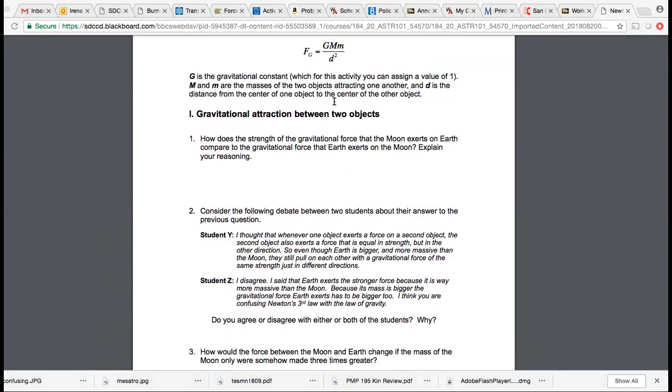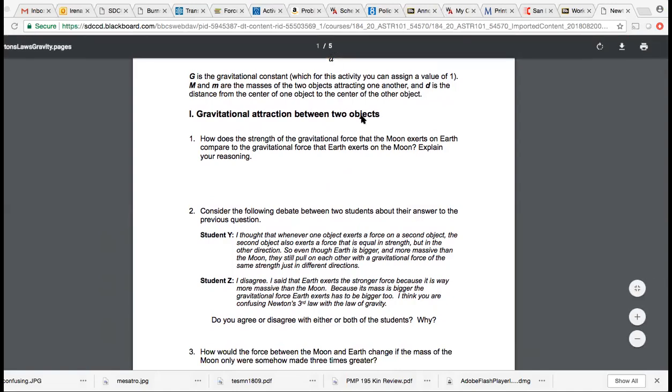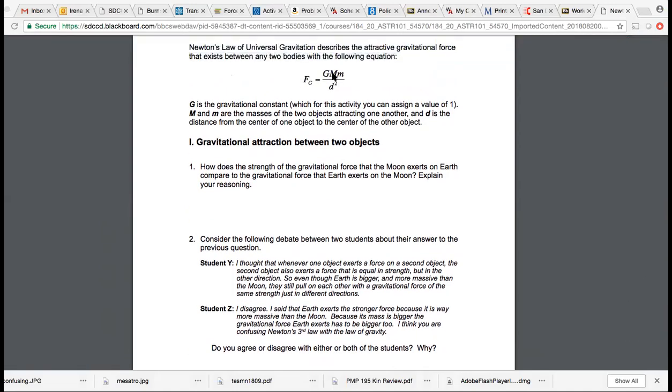Okay, so the moon would have a greater gravitational pull. Not the moon, but the force of gravity between the moon and the earth. What would happen to that? It would increase, correct. How many times? 3 times. Yes, because if you think about this formula, let's say this is the mass of the earth, and now instead of the mass of the moon you have 3 times the mass of the moon.